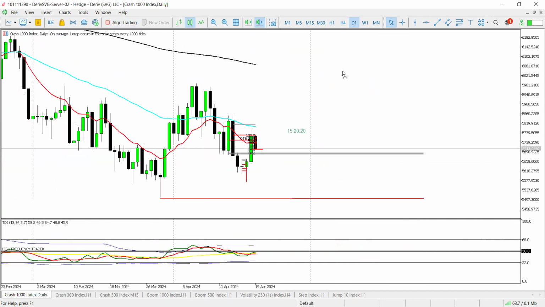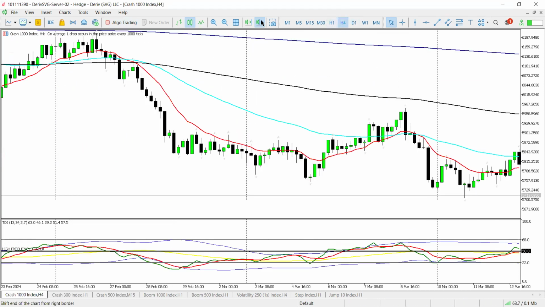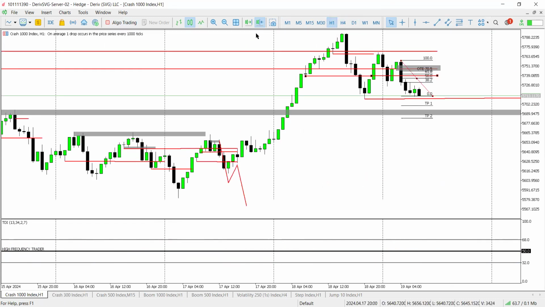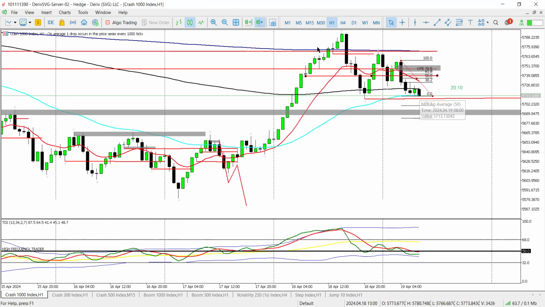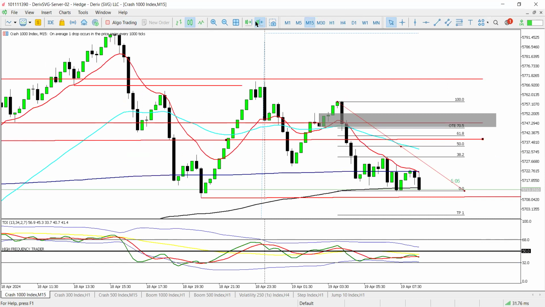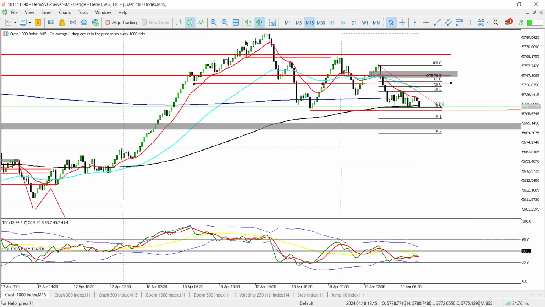Let's see. Because daily, this rejection, 4 hour. Thing is, 4 hour is still on the line here. They could go either way. H1. Okay, if they drop from here, I think I might miss this one. Now, there's nothing wrong with having one position either.